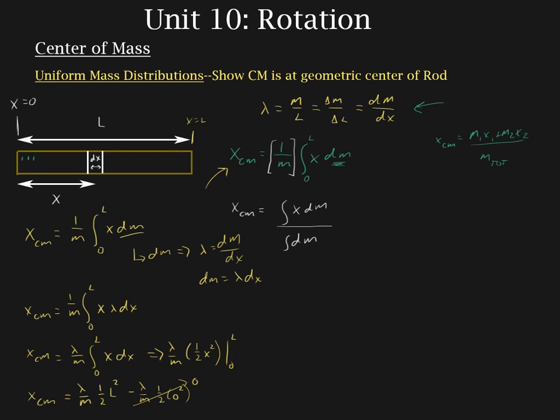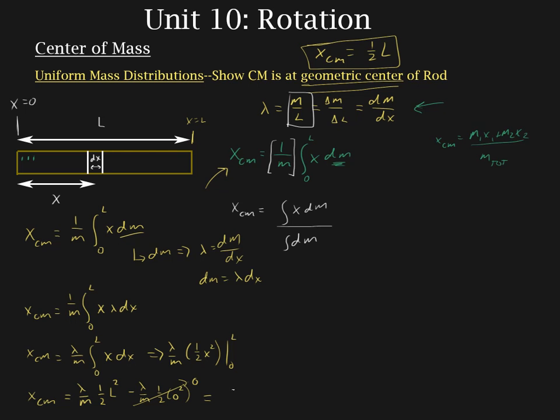Now at this point, this does not look like we have been able to show that the center of mass is at the geometric center. Remember, geometric center is going to be 1/2 L, so we expect x_cm to be equal to 1/2 L. That's what we want, and we've not shown that yet, but the problem is this lambda. So as soon as we convert lambda, everything falls into place. Now lambda, we know from earlier, is just equal to mass per unit length whenever it's a uniform mass distribution.